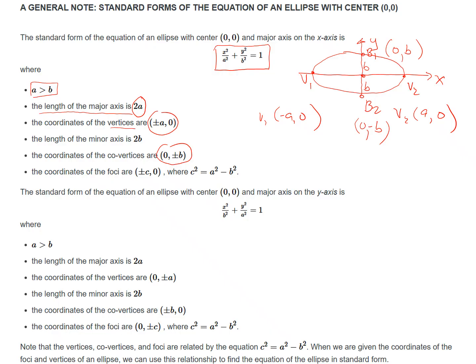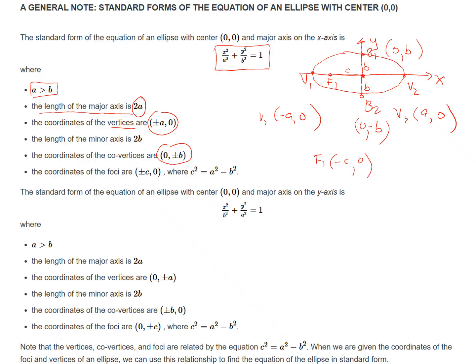And for the coordinates of the foci, we know that the foci are plus or minus c from the center. Assuming this is our c, the distance from the center is c. If you call this f1, then f1 has coordinates: c is to the left of 0, so this is minus c, and since this is on the x-axis, the ordinate is 0.